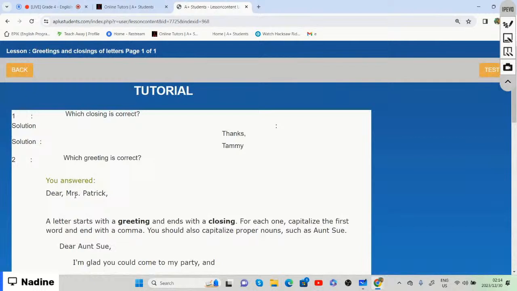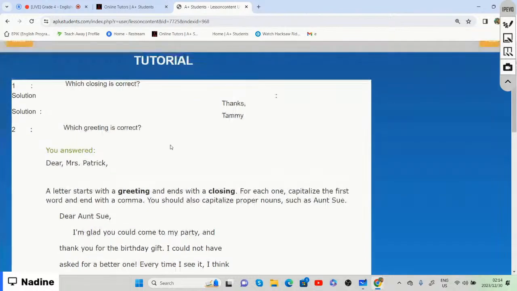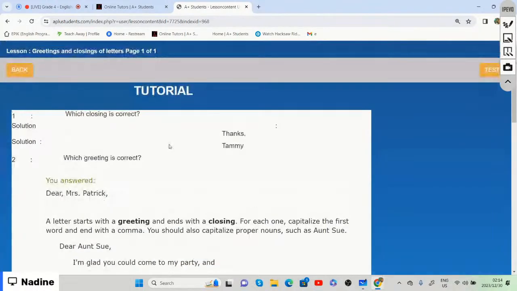So we're going to the first lesson, which is greetings and closing of letters. We said that a letter starts with a greeting. Same as even if you're on the phone, the first thing we do is we greet.